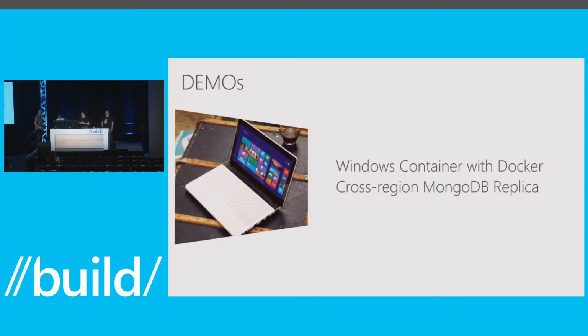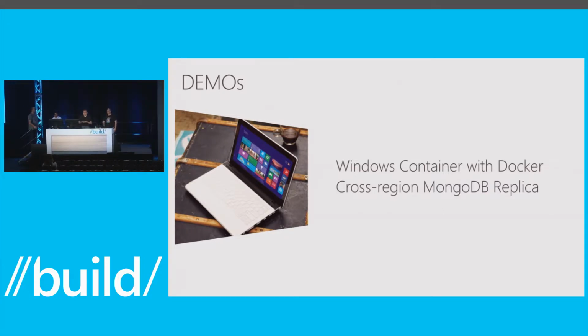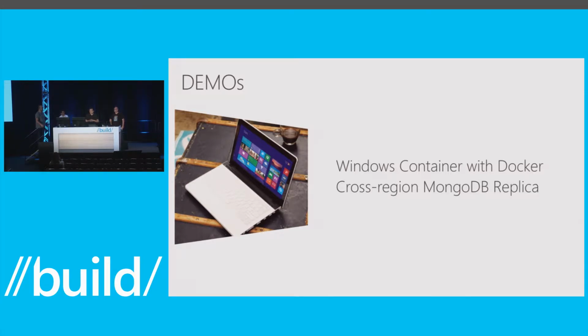And the second scenario I'm going to show is how to deploy a MongoDB across region, actually across continent replica using Azure. This is one of our big e-commerce partners. And the first question they asked when they tried to adopt Azure was if we can get MongoDB to work with cross-region replicas. So let's jump into the demos.